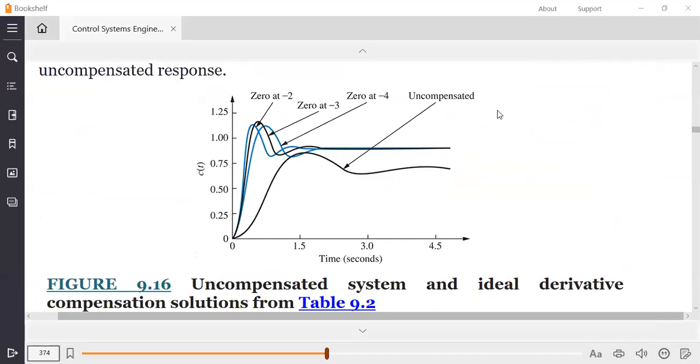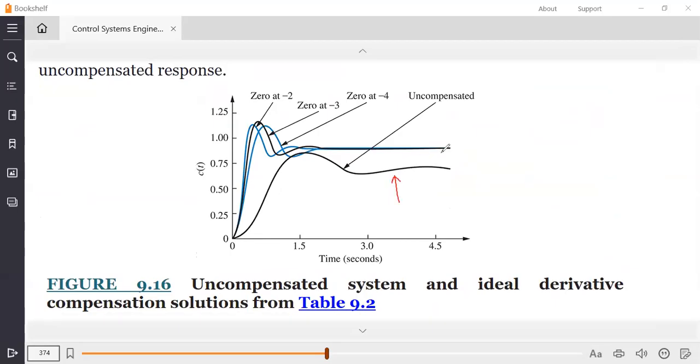The uncompensated one is this one, and the rest of them are very close to zero steady state error, even though it is not zero. Very small values of steady state error are there, and you can check which one has lower peak time, and which one has higher or lower settling time, so you can verify that.